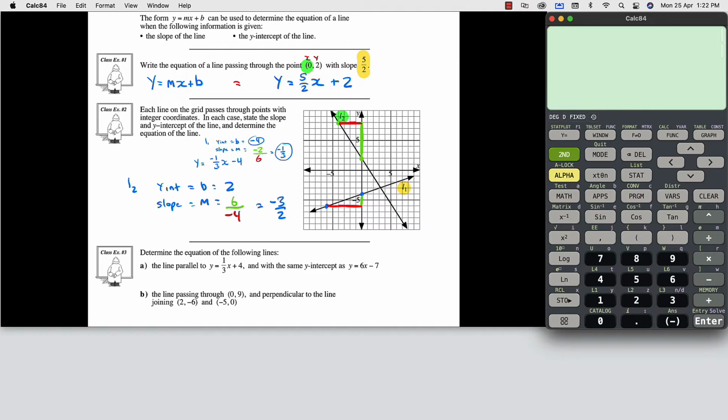And the problem was we did choose right here down 2, which is negative 2, and then it went left 6, which is going to be a negative 6, which means this would be a negative 1 over 3, and negative will create a positive, so the value should be 1 over 3.